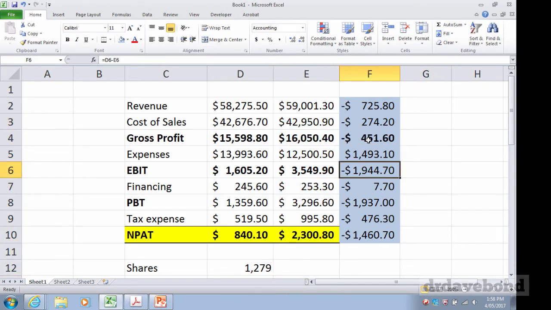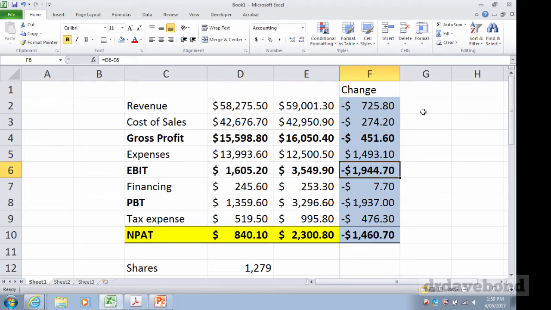So what we can see is revenue has dropped by nearly $750 million. Cost of sales has dropped by $250 million. Gross profit is down heavily. Expenses are up by nearly $1.5 billion. Like, that's a big jump.